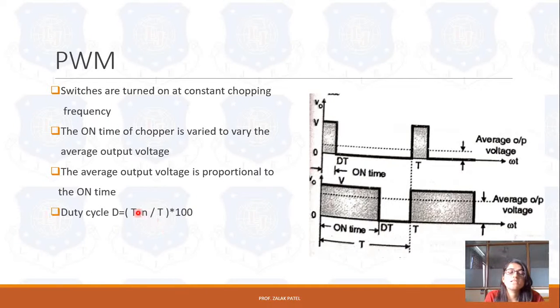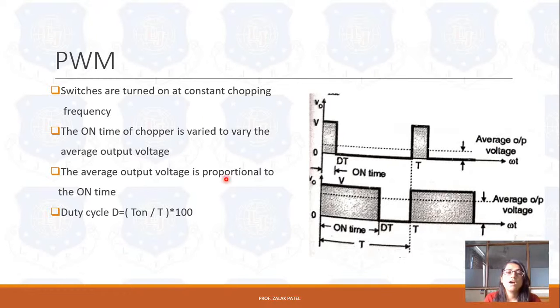Duty cycle is denoted by capital D. So duty cycle D is equal to T on upon T, where T means on time plus off time, the total time, into 100. This duty cycle's answer is in percentage form, because it is multiplied by 100.